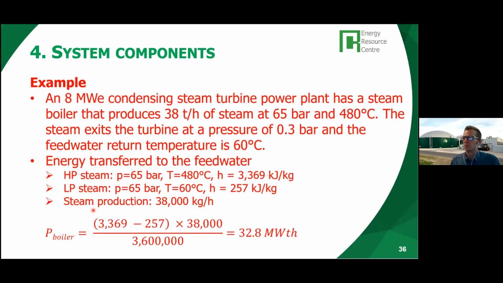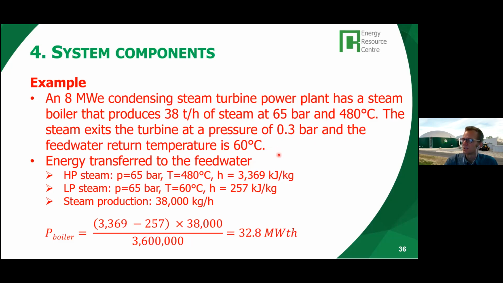Small example: if you would have, for example, a steam system with a condensing steam turbine, which has a boiler producing, let's say, 38 tons per hour of steam at a pressure of 65 bars and a temperature of 480 degrees centigrade. And you have certain conditions for the feed water, return temperature.